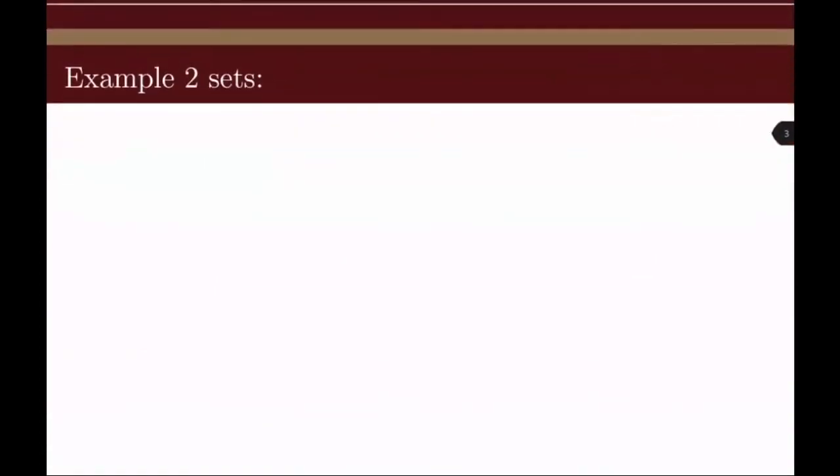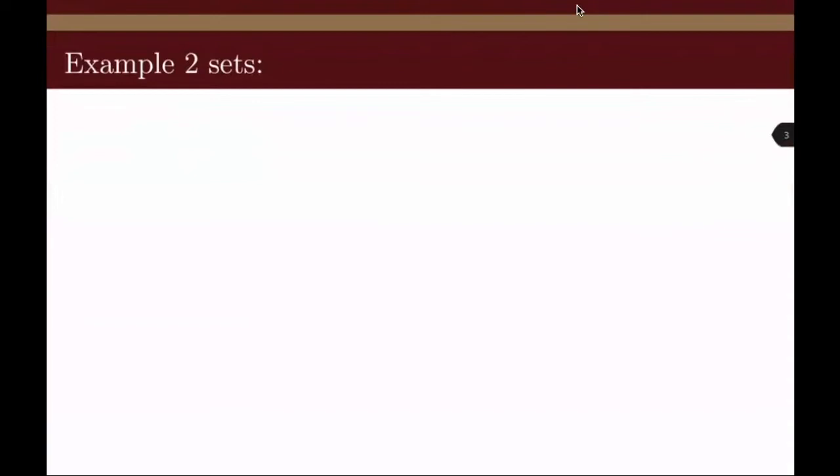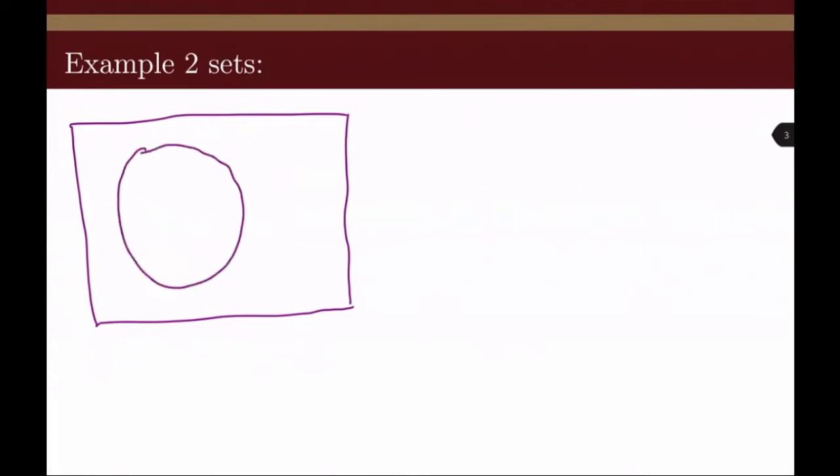Okay, let's do an example with two sets. I'm going to draw you a Venn diagram with two sets. Now with Roman numerals, I'm going to label each area.